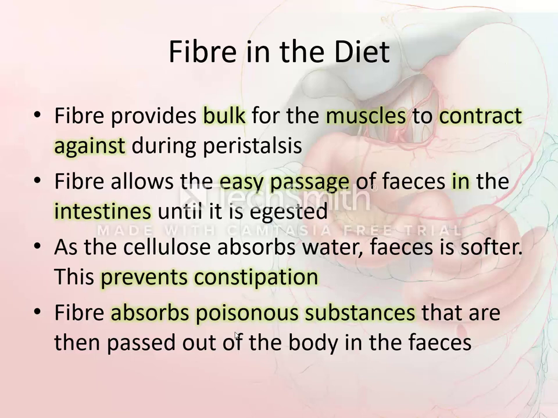So fiber is the stuff that makes up the bulk of the feces, and the bulk of the stuff that the muscles in the small intestine and stomach contract against when peristalsis is happening. Fiber makes your stool softer, so it makes your feces softer, so that when you are passing that feces, it is easier and softer to pass along. And as I said, prevents constipation.